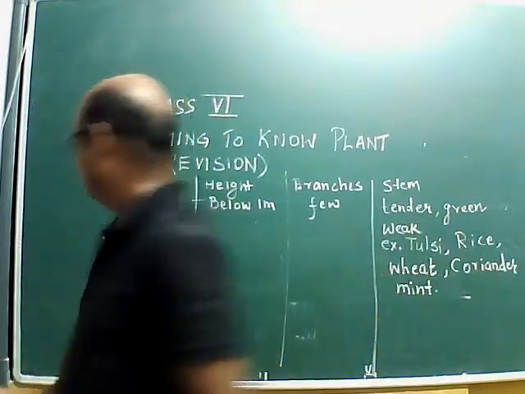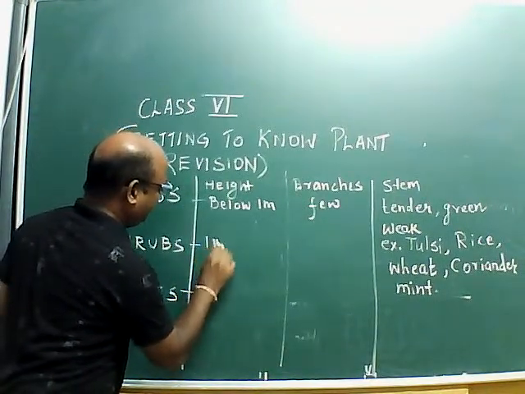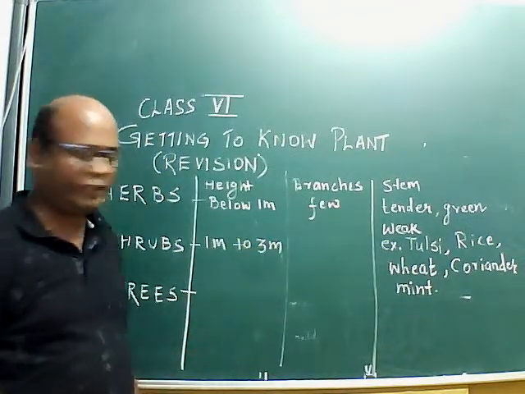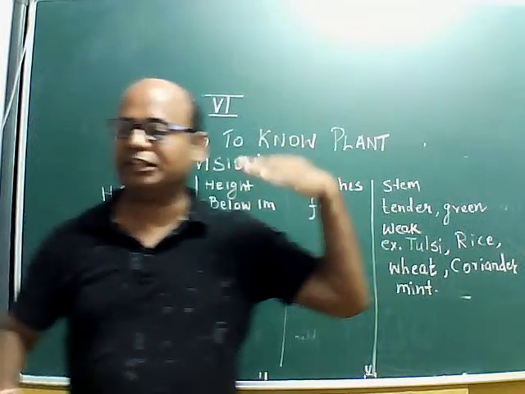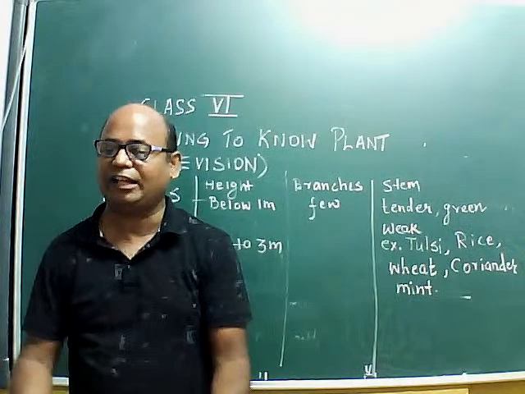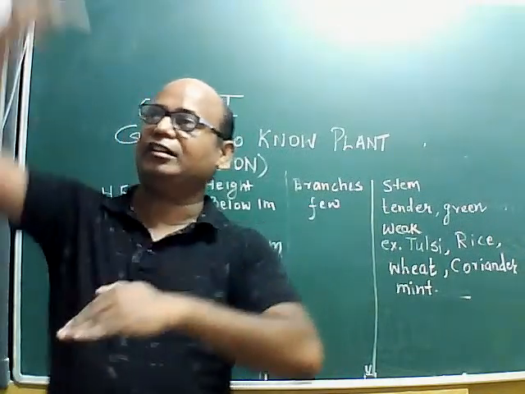Tulsi. Okay, then shrubs. Shrubs height is 1 meter to 3 meters, starting from 100 centimeter. We will find some shrubs having height in between 1 meter and 3 meters.